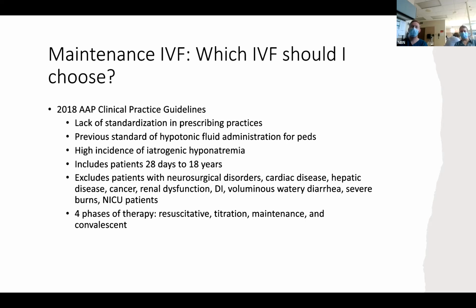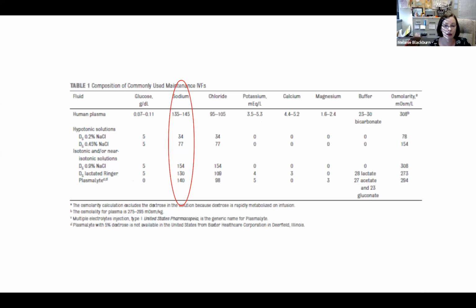But for the most part, these guidelines will apply to the majority of our patients coming in the inpatient setting for maintenance IV fluids. If you look at this table, it gives you the composition of commonly used fluids in comparison to human plasma. Human plasma has a sodium content of 135 to 145 milliequivalents.